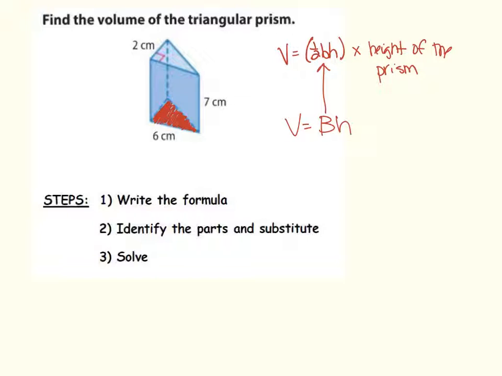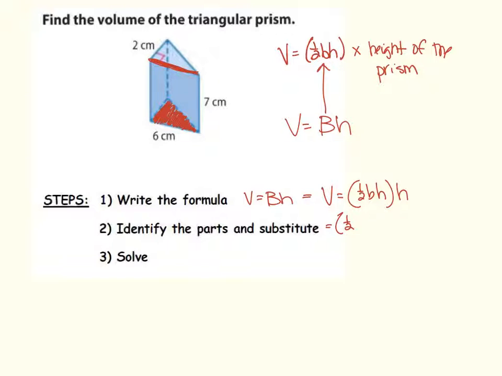So write the formula. In this case, big B is going to be the area of the triangle, and then of course the height of the prism. So identify the parts. We've got the base of the triangle, which is going to be this right here, or the two, it doesn't matter.